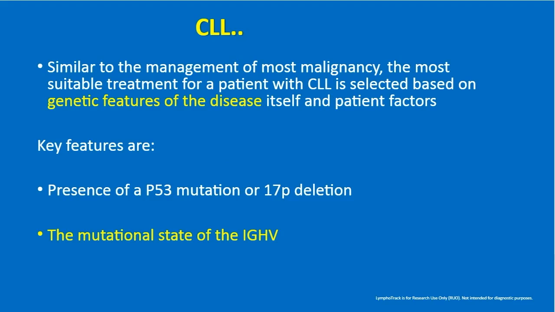And obviously, there are a lot of patient factors that play into CLL, because the median age of the patients is high, with a lot of comorbidities, which can be a key factor in deciding the best management approach. But again, the two major features for disease management are the presence of the P53 mutation or 17p deletion, and also the mutational state of the IGH variable region, that we will go through in a little more detail in the coming slides.